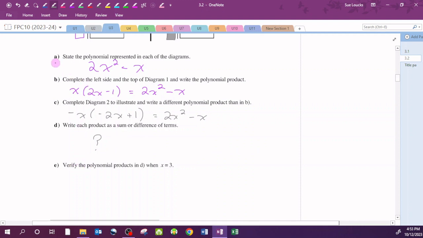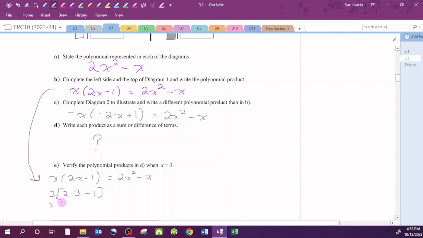Okay, so I'm going to do this one on the side. So I have x times 2x minus 1, and this should equal 2x squared minus x. So then I'm going to replace my x with 3. So this becomes 3 times 2 times 3 minus 1.